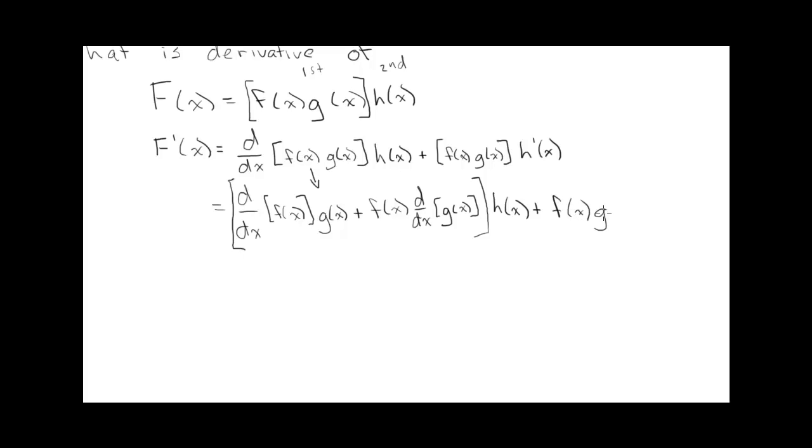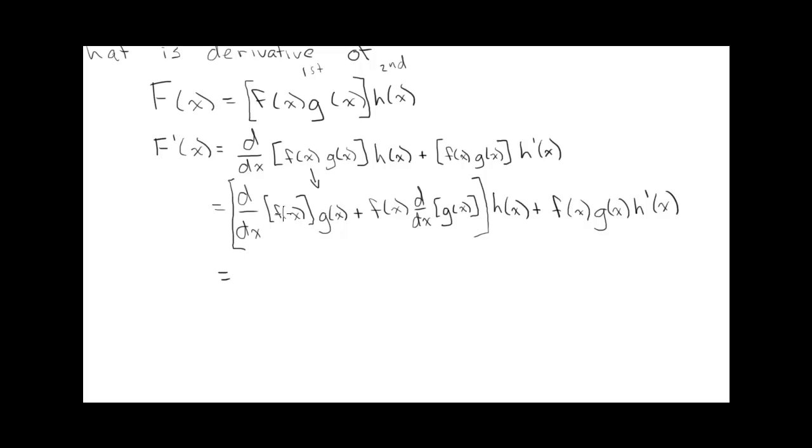Don't need the brackets there. Times h prime at x, sorry. And now I'll just expand this. So d by dx of f at x, I'm using two different notations here, I just noticed. I'm using Leibniz, and then I've got prime notation. Let's go to prime notation.